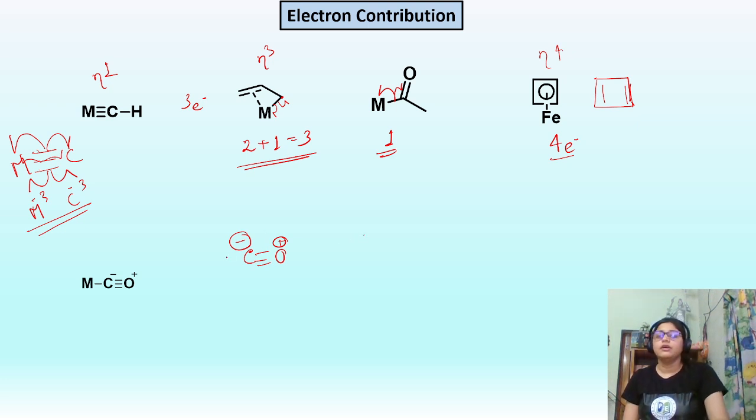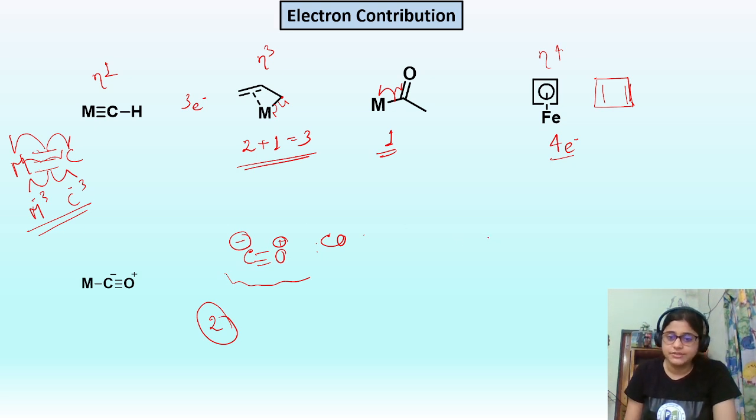But you have to remember that carbonyl is a very important ligand. It is a sigma donor and pi acceptor kind of ligand. So in this case you have to treat it like a neutral ligand. Just CO, you remember CO. It will donate 2 electrons like a neutral ligand. Please keep this in mind.